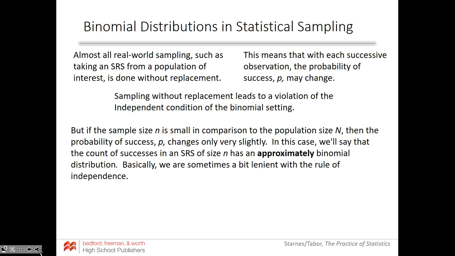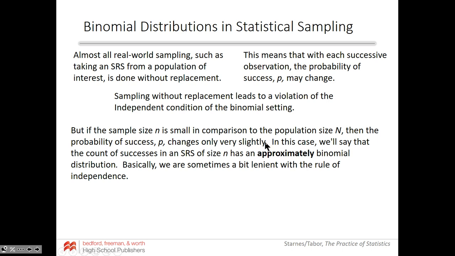But here's the thing. Most of the time when we sample without replacement, we're sampling from a really, really, really big population. Not just a deck of 52 cards. We're sampling from thousands, or a lot of times millions of people, or whatever the case may be. So in other words, if my sample size n is small in comparison to the population size, and we'll use capital N to be population size, then the probability of success always changes, but it changes so very slightly.